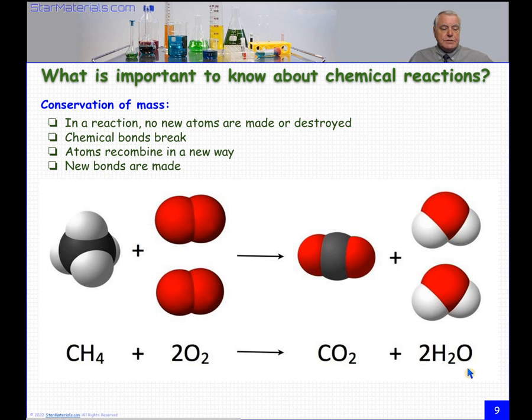So in each molecule of H2O, you have 2 hydrogen, 1, 2. And we have 2 of those molecules, 1, 2. So everything you start with, you end with. Nothing is made or destroyed.